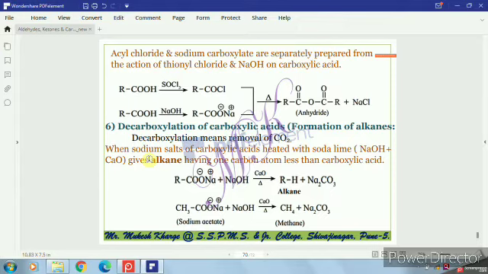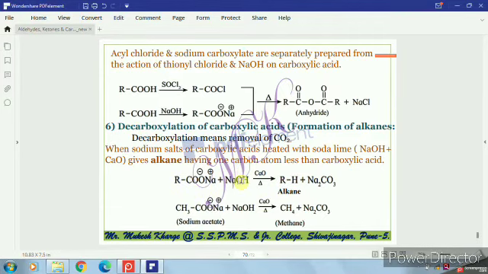When sodium salt of carboxylic acid is heated with soda lime, that is NaOH and CaO, that gives alkane having one carbon atom less than the corresponding carboxylic acid, because this COONa is removed from your compound. So RCOO minus Na plus, NaOH in presence of CaO on heating, that is soda lime, gives, remove this whole part.